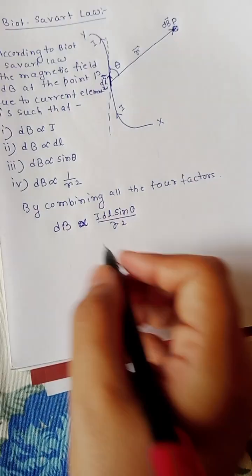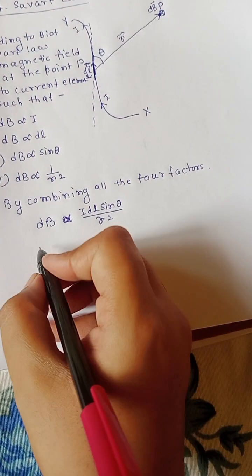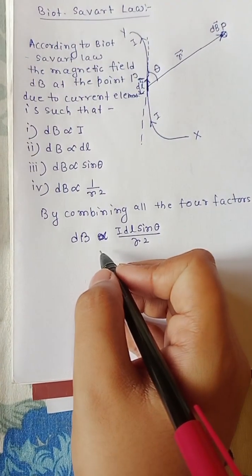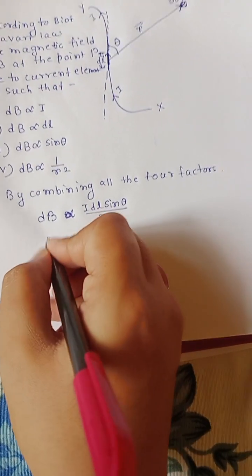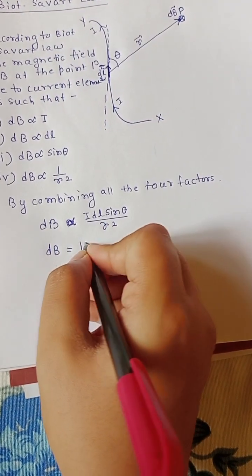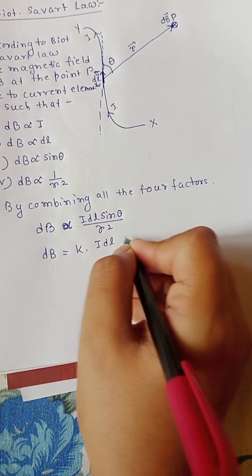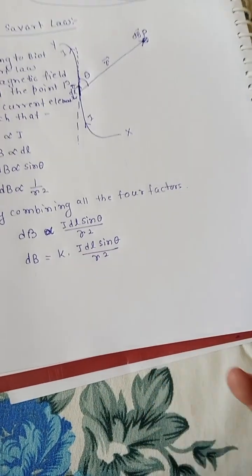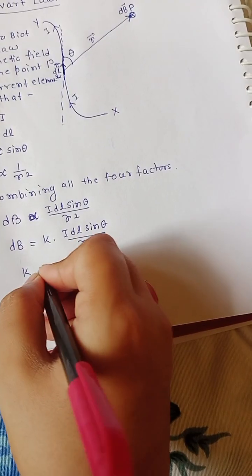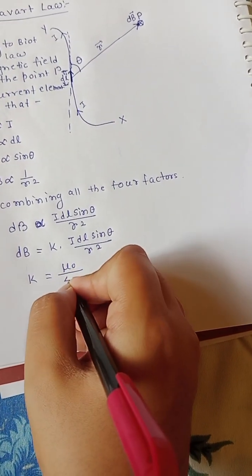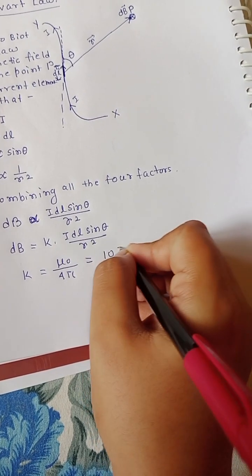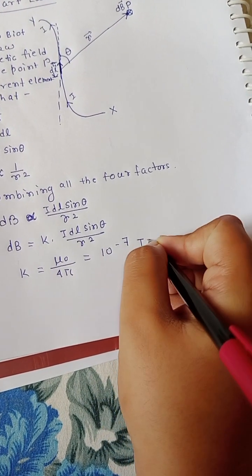Now beta, you all know that if we want to remove the proportionality sign, then we have to introduce one constant term. So dB is equal to k into I dl sine theta divided by r square, where k equals mu naught by 4 pi, whose value is 10 power minus 7 Tesla meter per ampere.